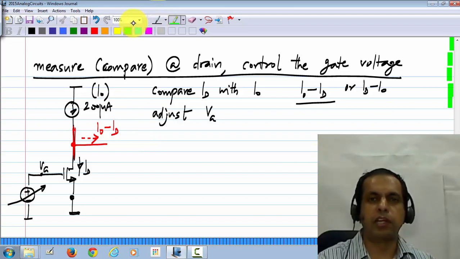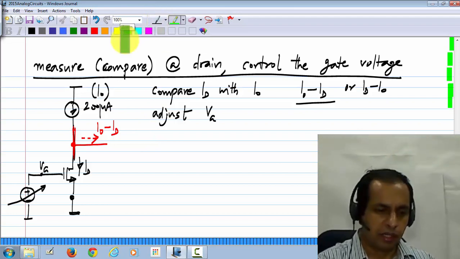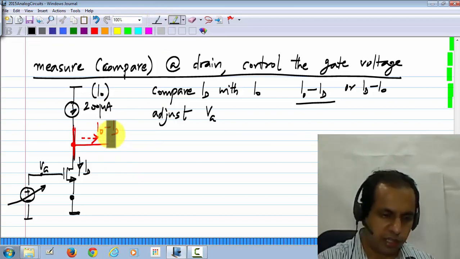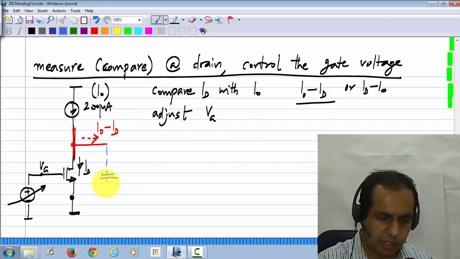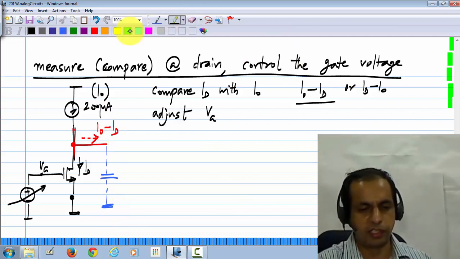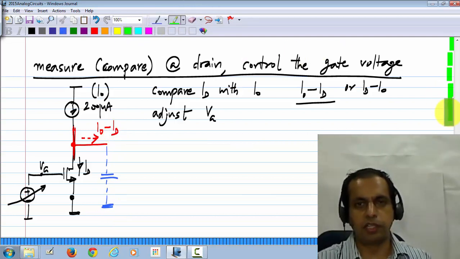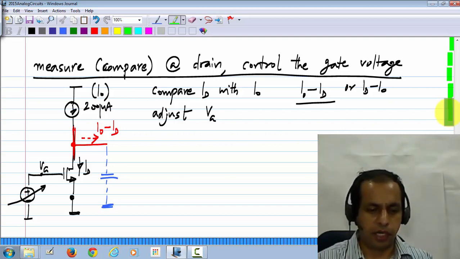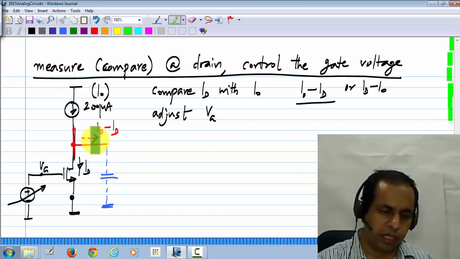The capacitor can be connected anywhere, it doesn't matter, but we'll assume that it's a capacitor connected to ground. The result of what we are going to discuss doesn't change regardless of the connection of the capacitor. So it flows into a capacitor.